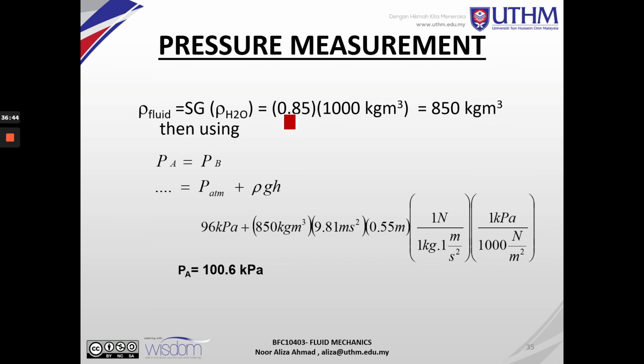So you just multiply 0.85 times 1000 kg per meter cube. Then you get the density of the fluid.